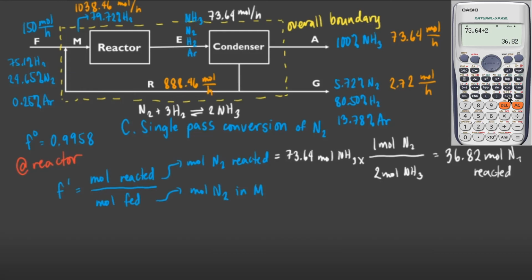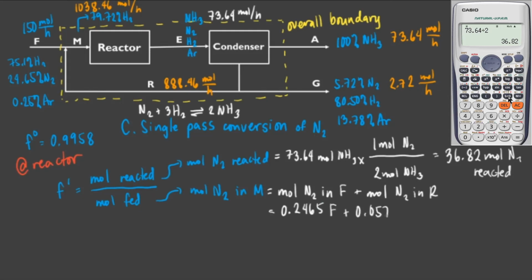Therefore, we can say that the number of moles of nitrogen in the mixed feed is equal to the number of moles of nitrogen in the fresh feed plus the number of moles of nitrogen in the recycle stream. Since we now have all of these values, we can simply calculate this as 0.2465 times F plus 0.0572 R. Remember that the recycle stream and the purge stream have the same composition.